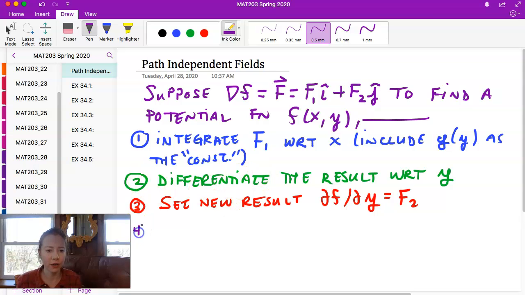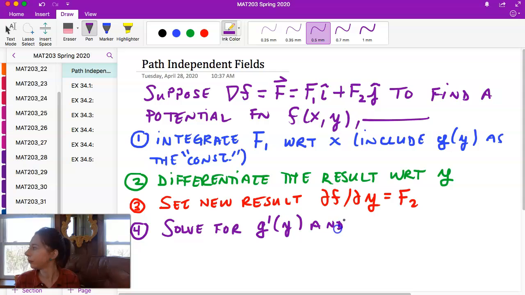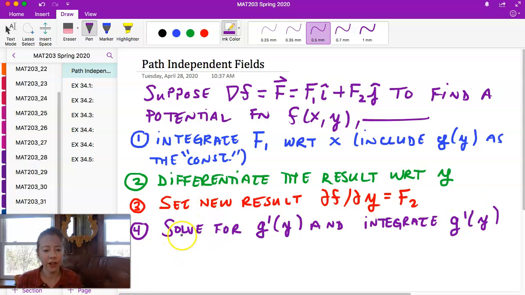So for step 4, you're going to solve for g prime of y and integrate g prime of y to find g of y.